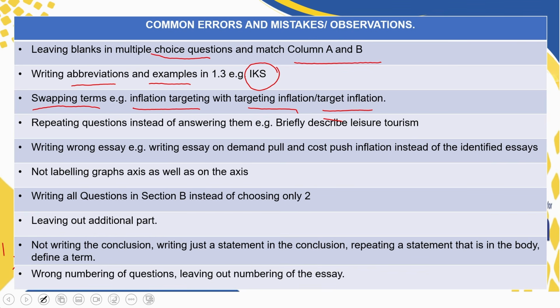The other one is repeating the question. Instead of answering it, you repeat the question. I've put in here an example where the question says, briefly describe leisure tourism. And then a learner would talk about leisure tourism and say, leisure tourism is whereby tourists travel for leisure.